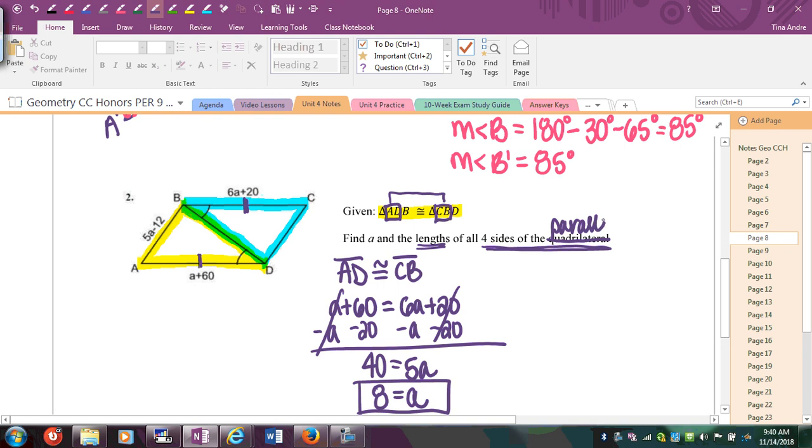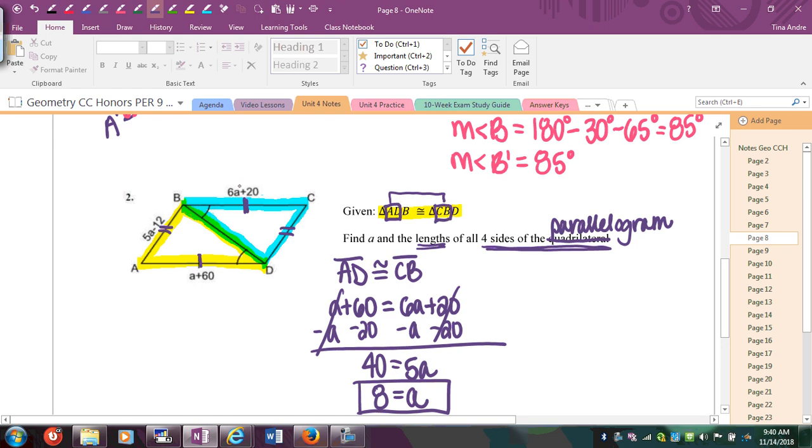And the reason why I need to know that is because in a parallelogram opposite sides are congruent. So that would mean that these two sides are going to end up being the same value. So because those are the same value, that's going to allow me to find all four sides of the quadrilateral. So we're looking for the sides of the quadrilateral, not the sides of the triangle, because there's no way for me to find BD since there's no expression on there.